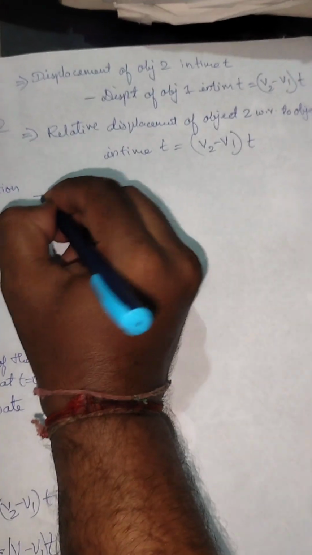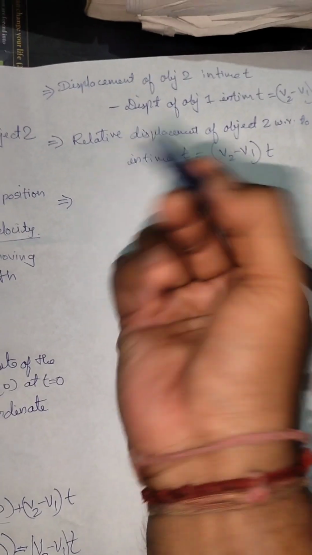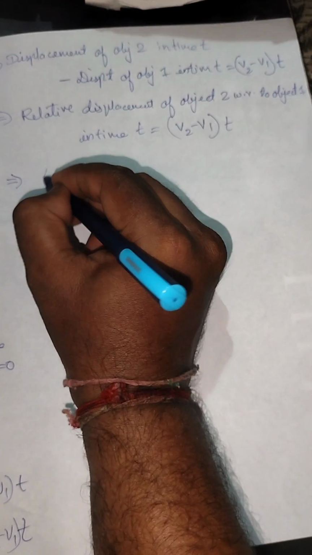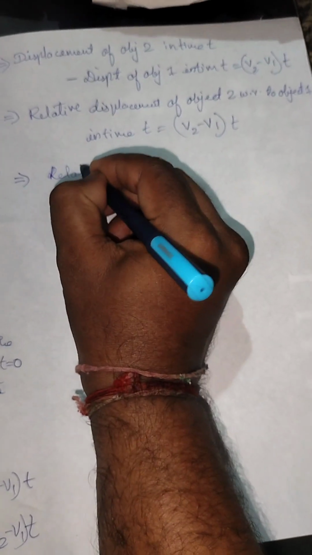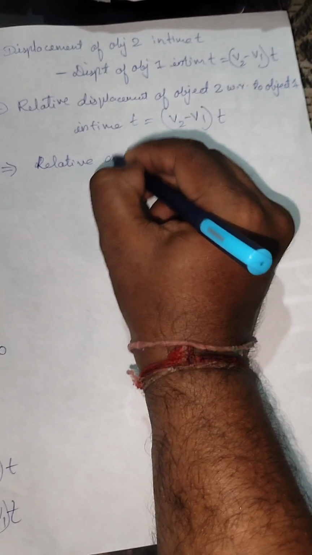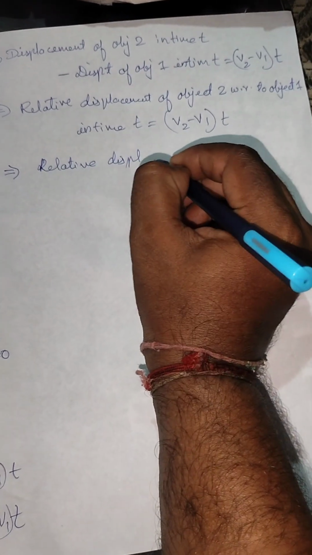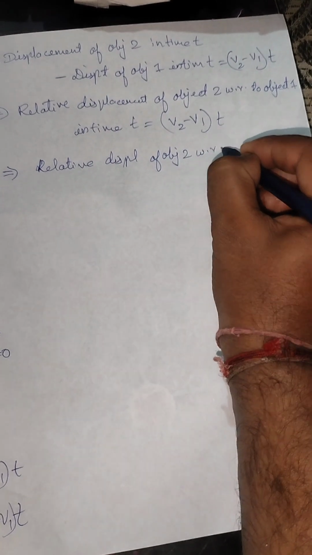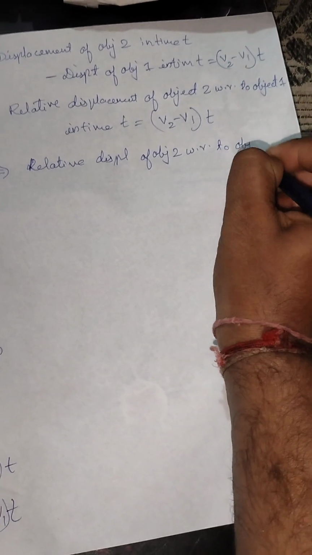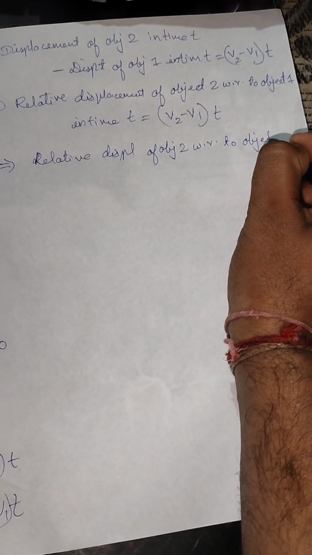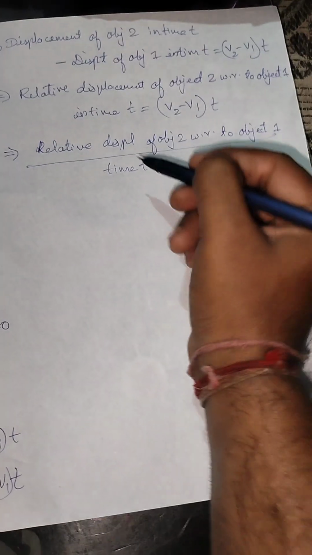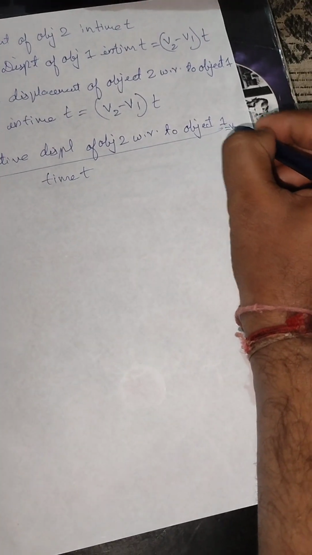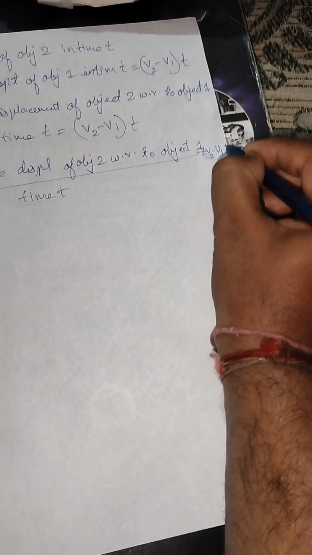In another way, the relative displacement of object 2 with respect to object 1, divided by time t, equals v2 minus v1.